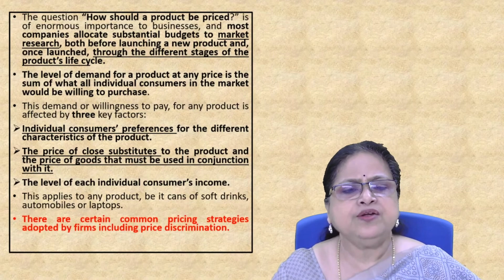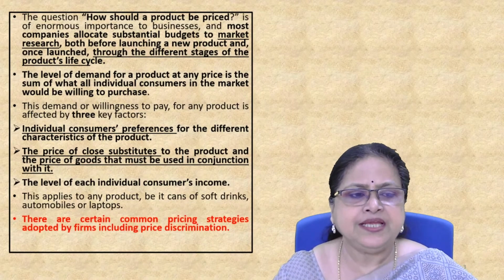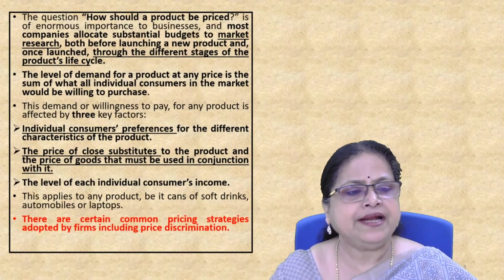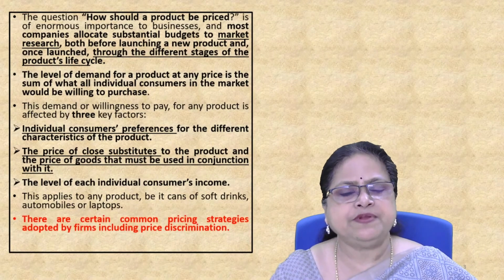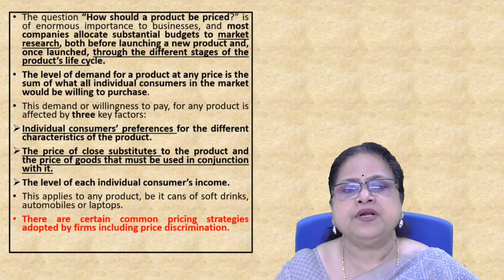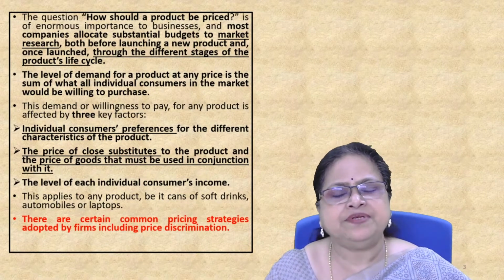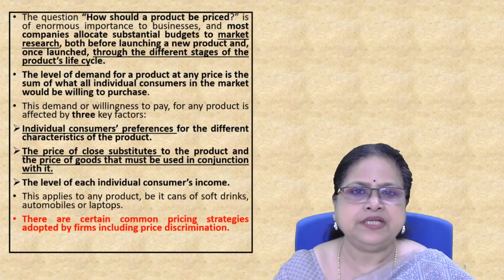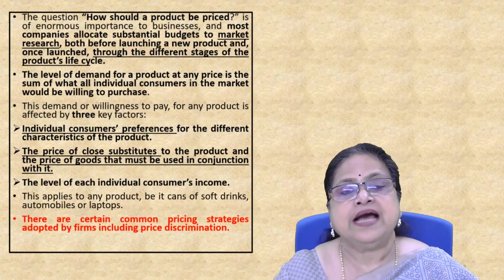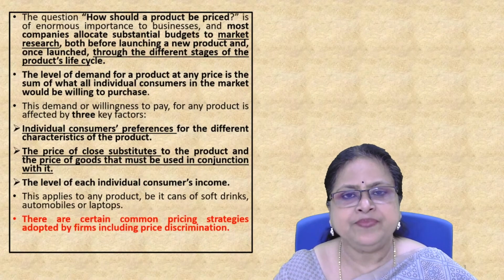The demand or willingness to pay for any product is affected by three key factors. What are those key factors? First, individual consumers' preferences for the different characteristics of the product. Like a chocolate wrapped in blue color, a chocolate wrapped in purple color, a chocolate wrapped in green color, and I might choose the blue one, somebody else might choose the purple one.